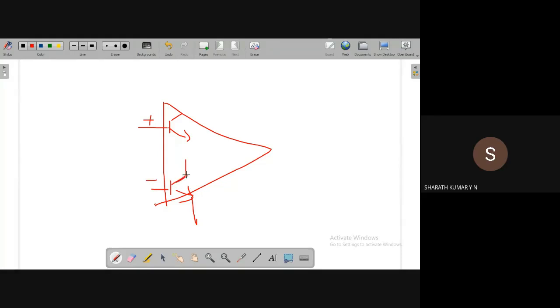These transistors, let us call them Q1 and Q2, we had discussed in the David Abel textbook. This is the equivalent circuit of an op-amp. In that, these two transistors require DC bias current, or DC input current, to bias.